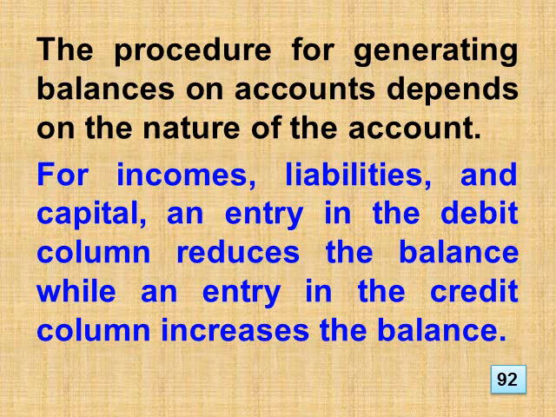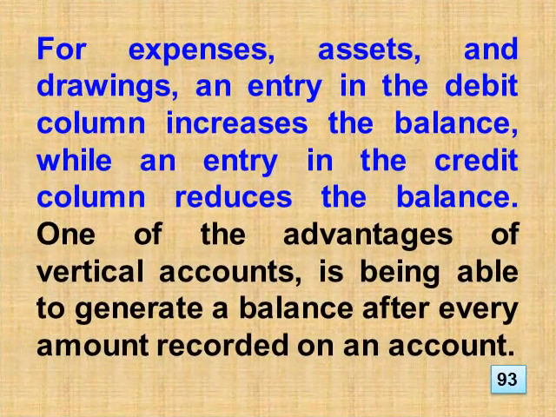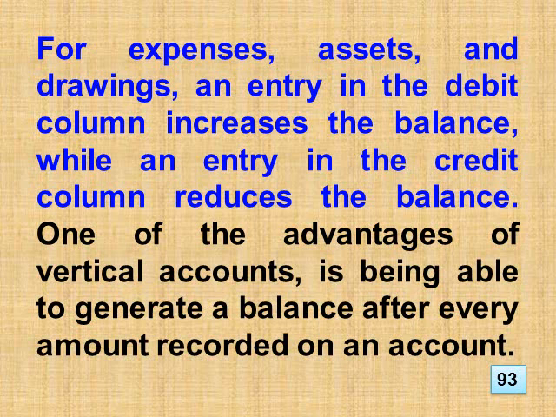The procedure for generating balances on accounts depends on the nature of the account. For incomes, liabilities, and capital, an entry in the debit column reduces the balance, while an entry in the credit column increases the balance. For expenses, assets, and drawings, an entry in the debit column increases the balance, while an entry in the credit column reduces the balance.